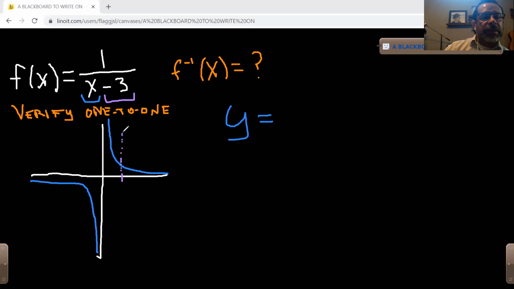This is going to be our new asymptote. Okay, and so the new function is going to go something like this. Okay, and so that's the new function.